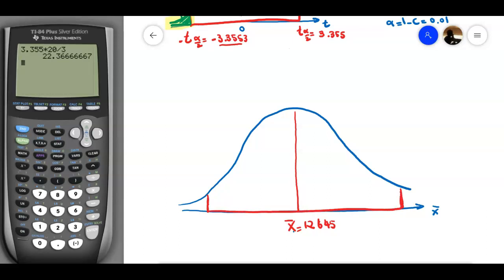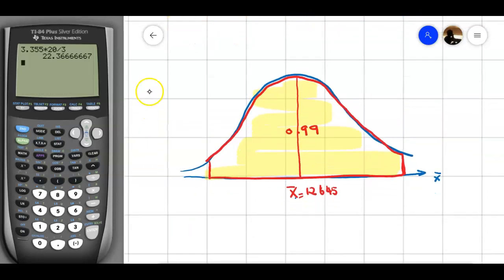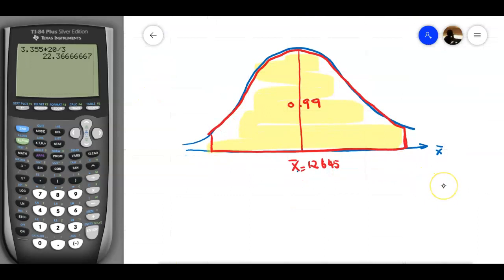So if this is 99% of my graph in the middle, 0.99, I am looking for two boundaries. So I am looking for the X bar, the lower end, which is this point here, the lower of the 99%, and I am looking for the X bar, the upper end.